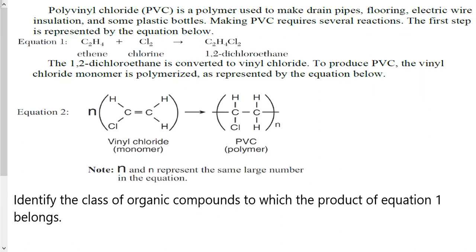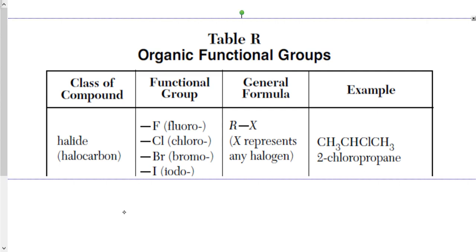For this question, we have to identify the class of organic compound to which the product of equation 1 belongs. Looking at the product of equation 1, it's 1,2-dichloroethane. So we need to look at reference table R. Since we have chlorine in our product, the functional group is going to be halide.